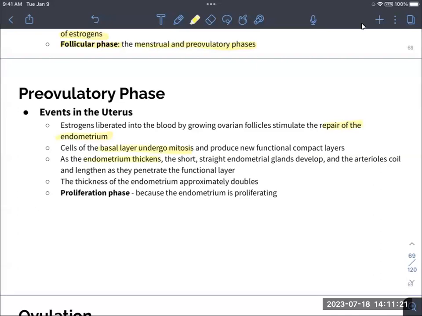The arterioles are going to coil and lengthen into this functional layer again. This endometrium by ovulation will about double in size. This is also known as the proliferation phase because that endometrium is proliferating. It is dividing and dividing and dividing.